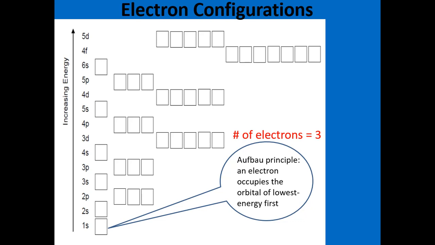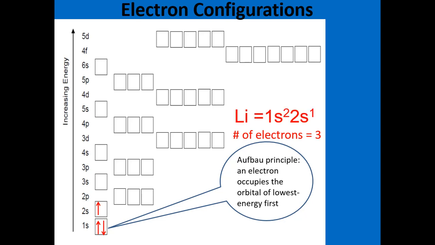So neutral lithium has 3 electrons. We start off with the 1s. We can fit 2 electrons per box. So we start with an up arrow in the 1s, and then a down arrow in the 1s. We continue with the 2s, and our third electron is in the 2s orbital.